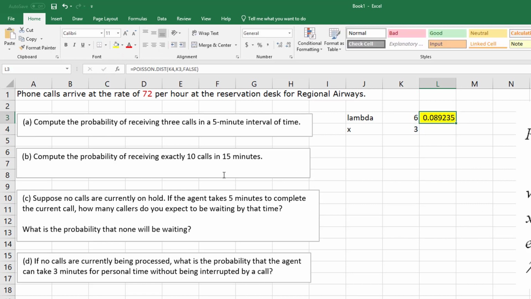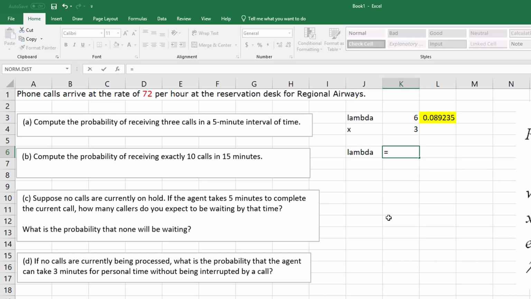All right, so notice the next one here. We're pretty much doing the same thing, but now in this case, my lambda is based off of 15 minutes. So 72 times 15 over 60. And this number is what you would expect, the total number you would actually expect. It says exactly 10 calls, so I change that to 10.